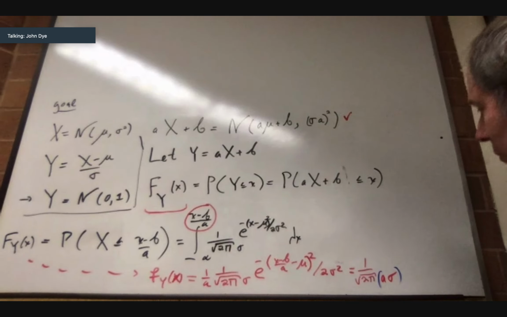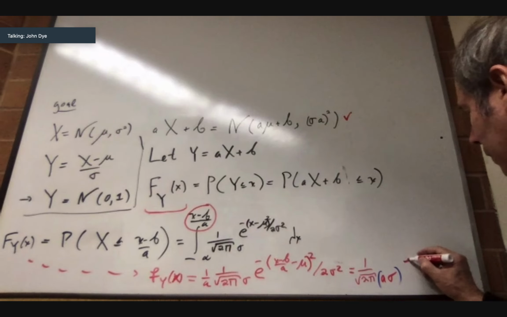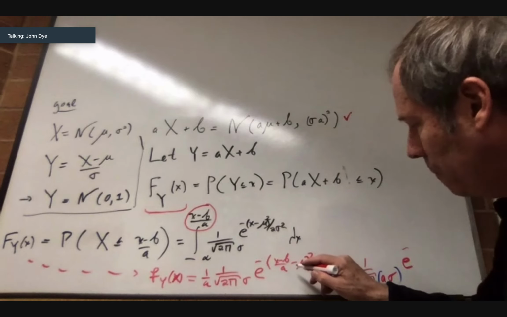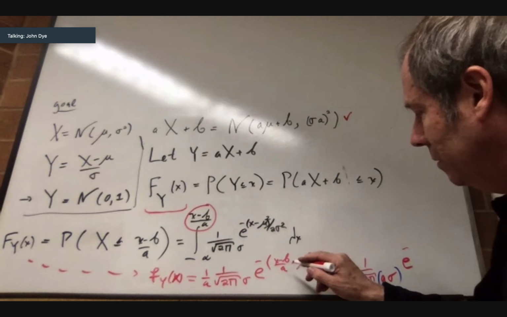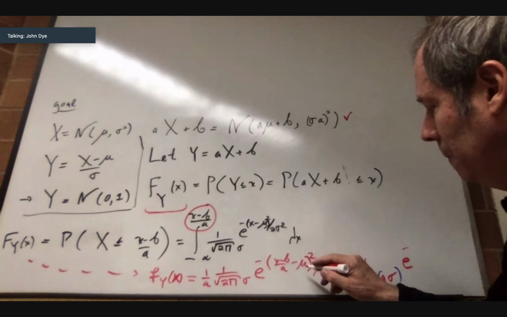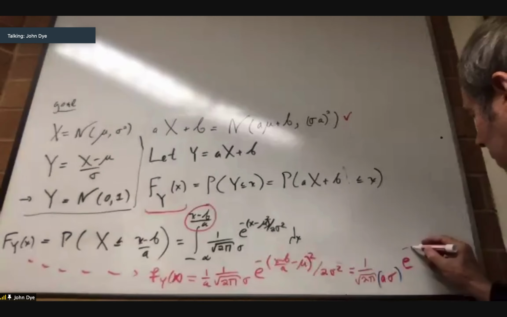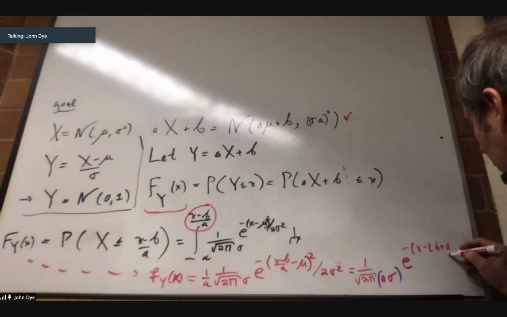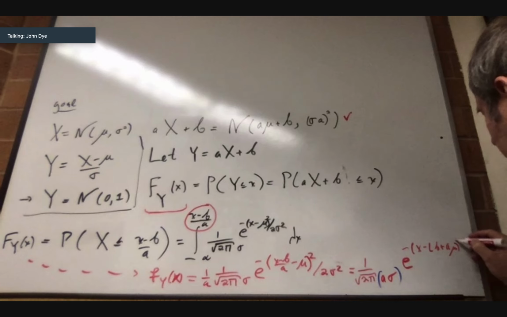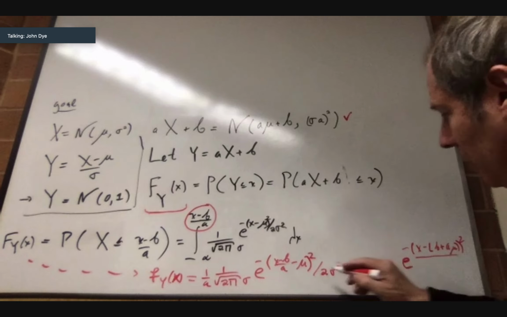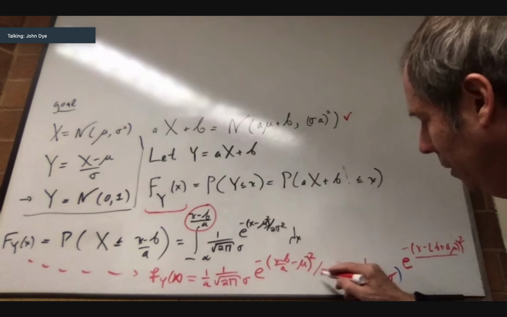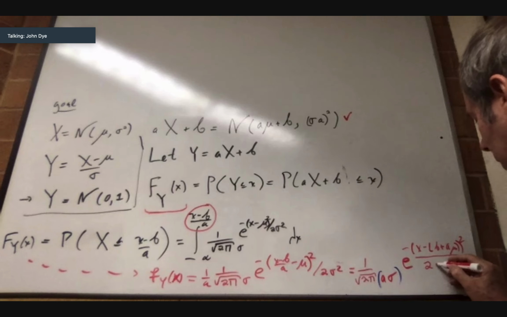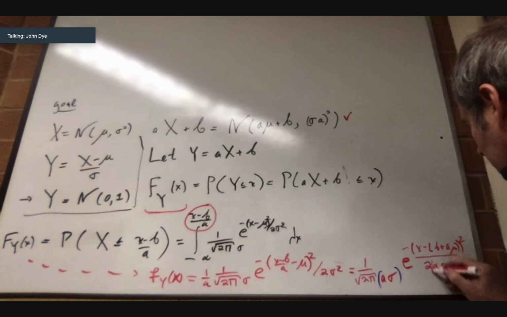Now the rest of it, to do this in my head is a little difficult, but you have to do this as x minus something. Notice, this will be x minus b plus a mu, x minus b plus a mu squared. And then the thing that comes below, you see there's an a squared here, but I'm going to let that a squared drop below the division line here. So that would be 2a sigma squared.